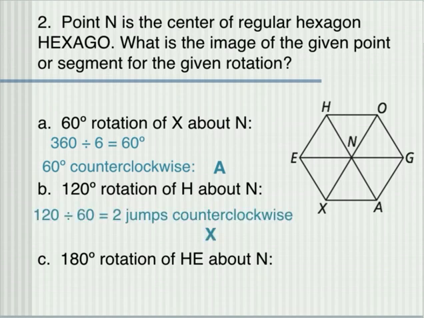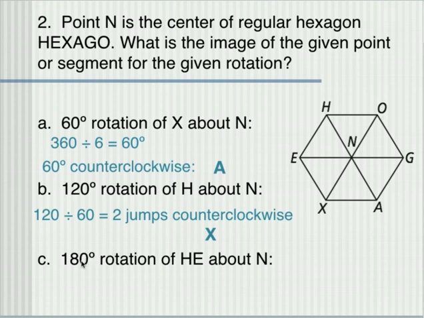For B, if each section is a 60-degree jump from the previous, to go 120 degrees, that would be 2 jumps counterclockwise. If you're starting at H and going 2 jumps counterclockwise, you would end up at X. Now, this last one's a bit of a challenge question.